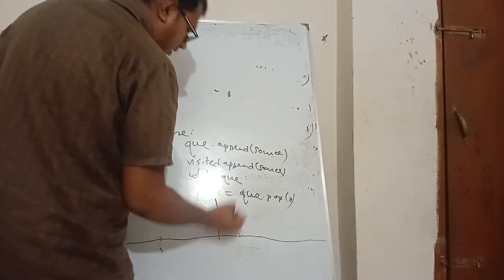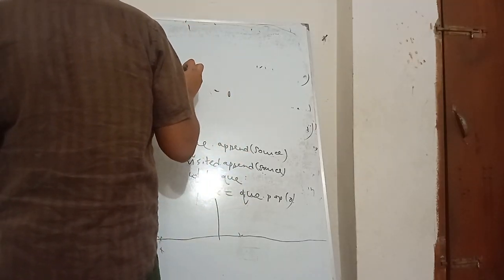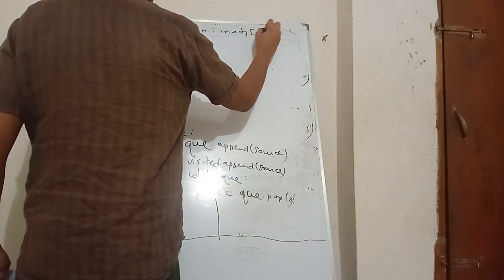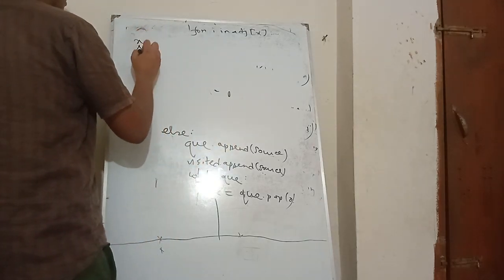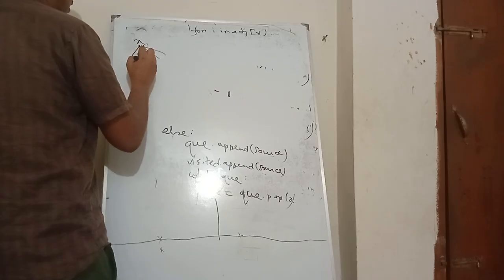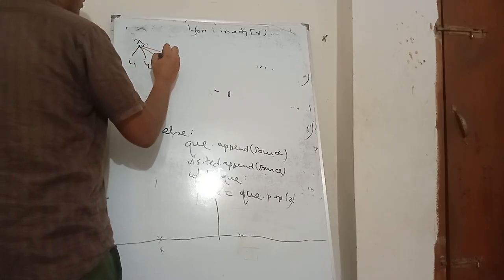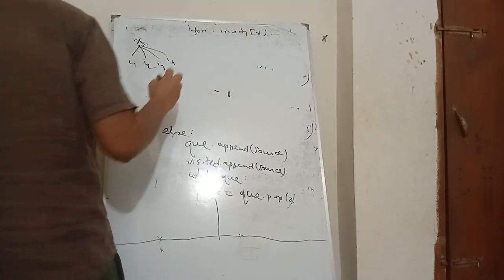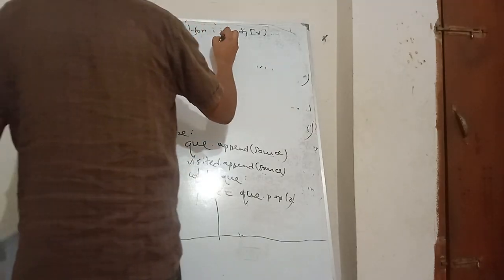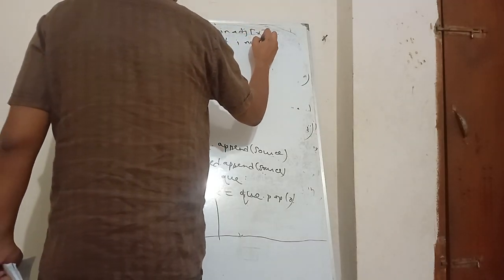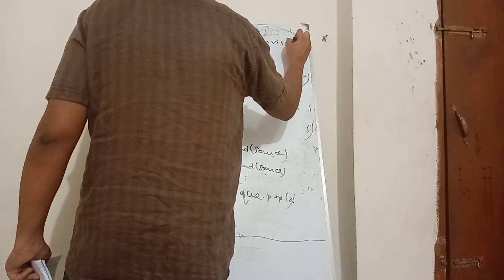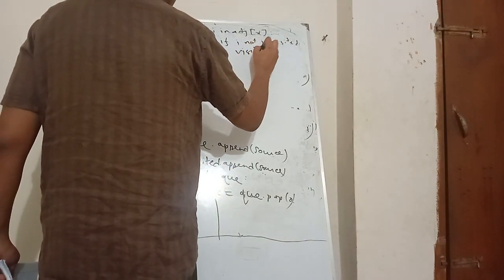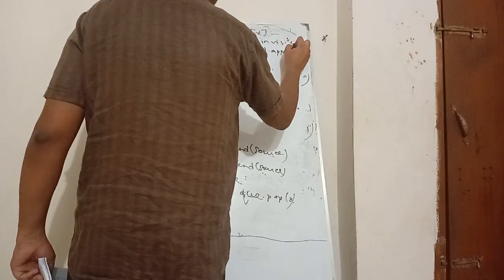I1, I2, I3, I4 are the direct neighbors of x. So for i in adjacency of x, the direct neighbors of x, if i not in visited, we add i to the visited list.